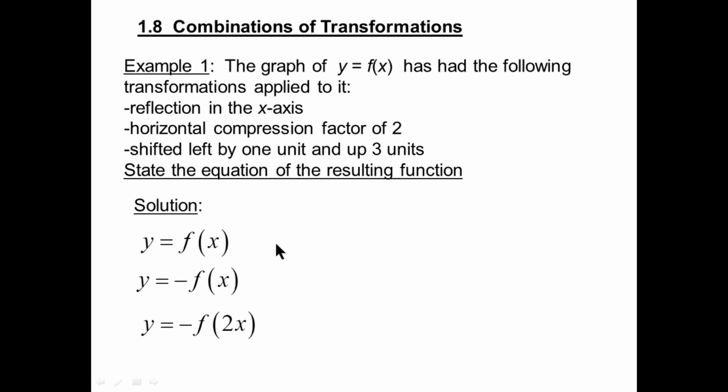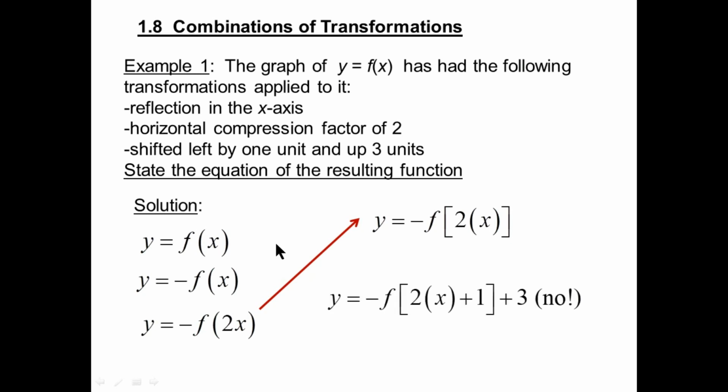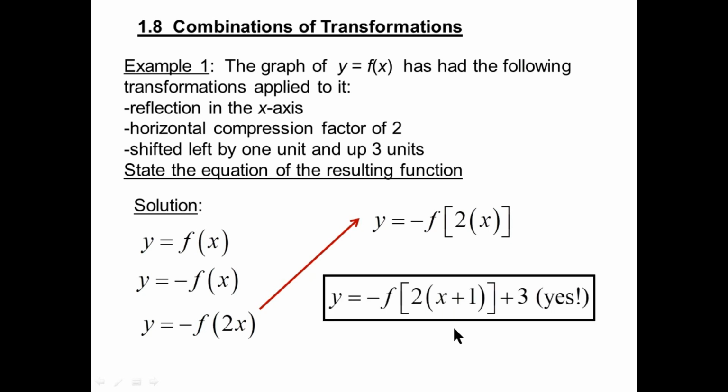Now shift left by 1 unit. I just copied it up here to show you this. This is wrong. We need to put it into brackets with the x. It needs to go left by 1 unit. Well, this isn't in brackets with the x. This is.